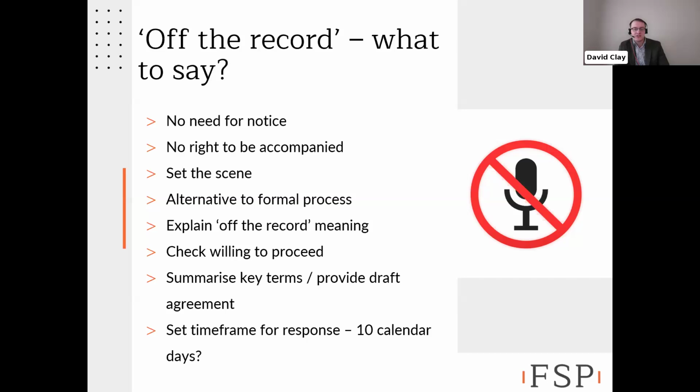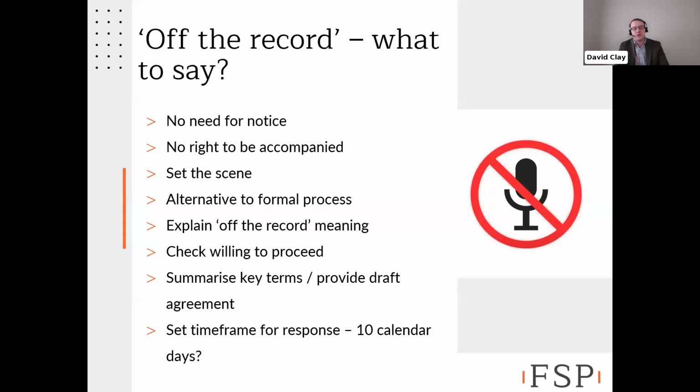Explain the formal process that you would otherwise need to follow to address the issue, whether it's performance, conduct, sickness absence, etc. And then you can say that we would have to go down this formal process, we're committed to doing that and following a fair process. However, I'd like to discuss an alternative approach to that if you're open to having an off the record / without prejudice / protected conversation with me.